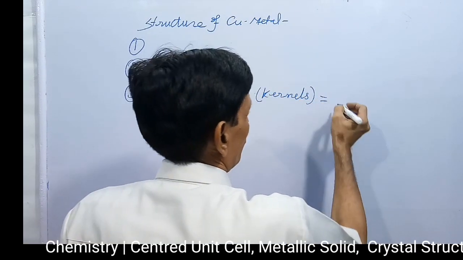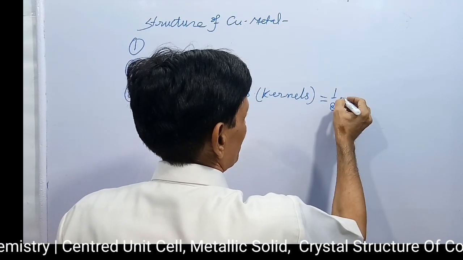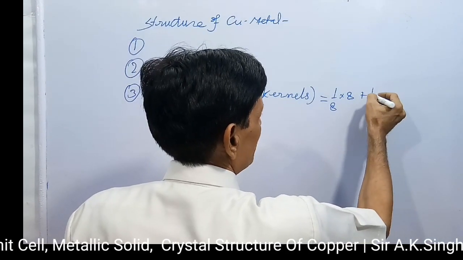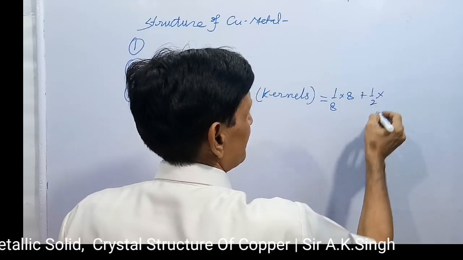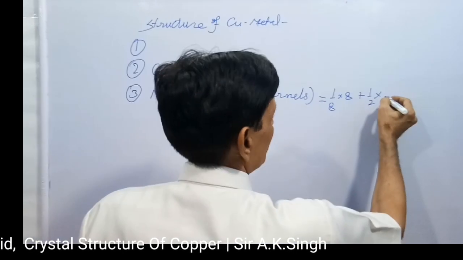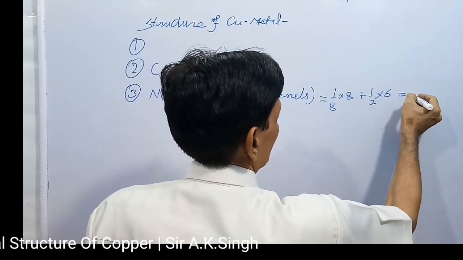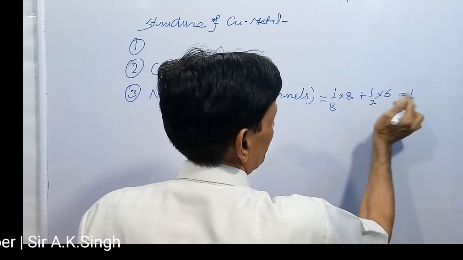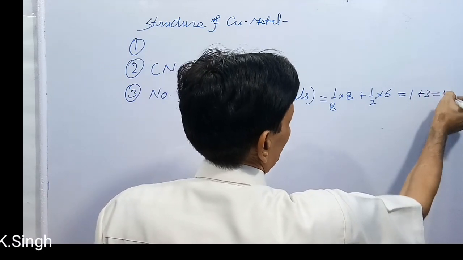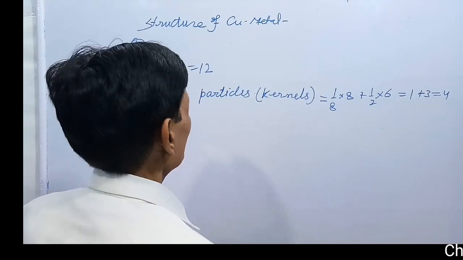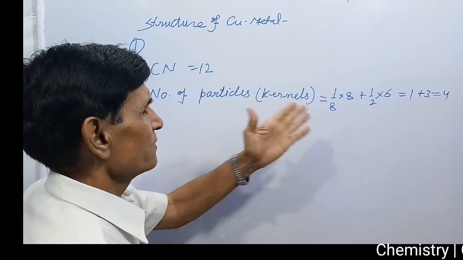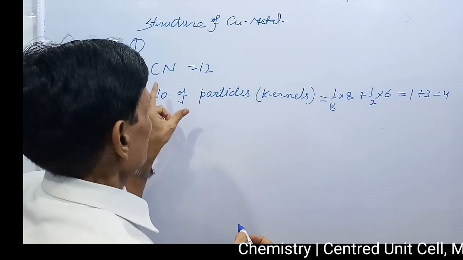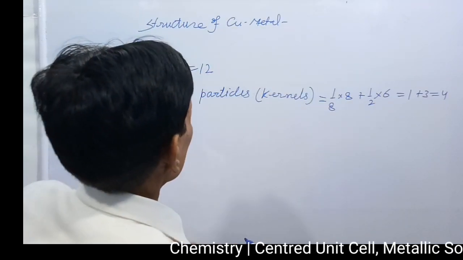It equals 1/8 from each corner and half from each face center, because a face center is shared between two unit cells. 6 faces are there, so half each will come, 1 plus 3. Total number is 4 kernels, or 4 copper atoms, or 4 copper positively charged particles. This is about the structure of copper metal.